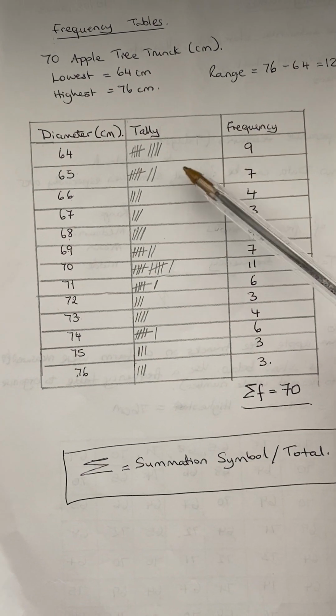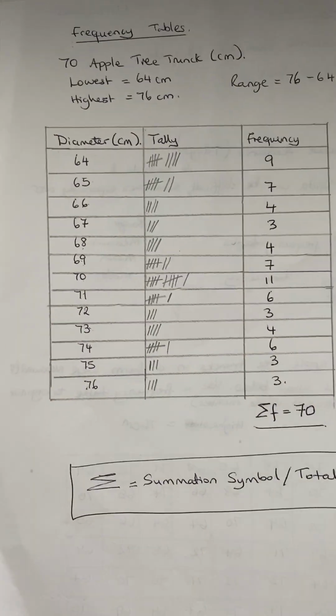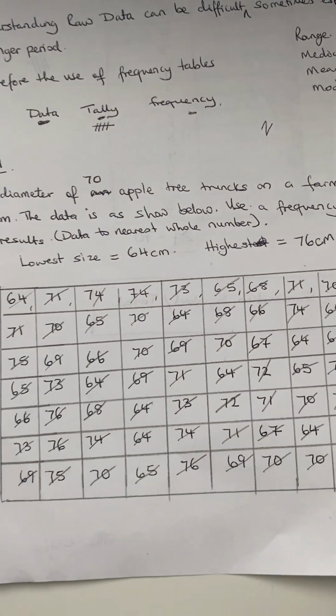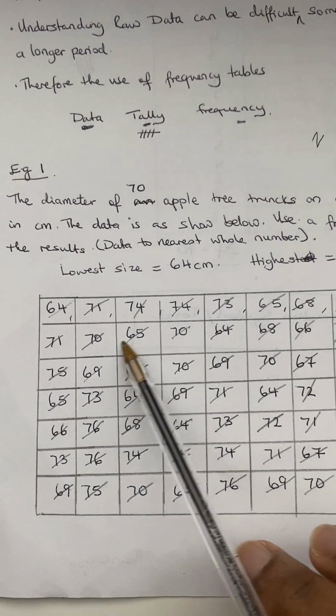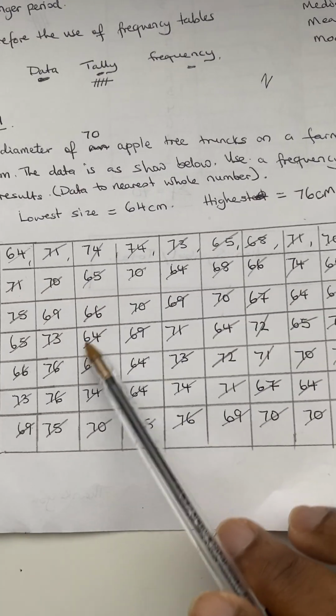So even if you get muddled in the middle, you know where you are, unlike looking at it the lazy way and saying, oh, 64, so you scan and see how many 64.